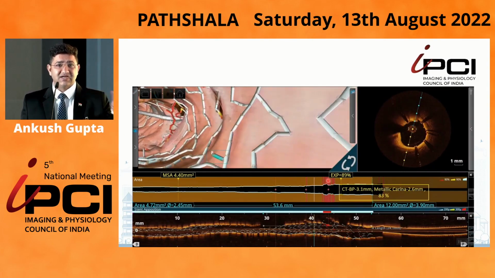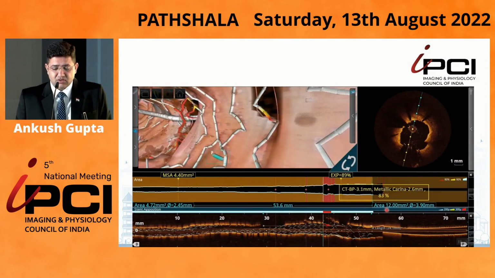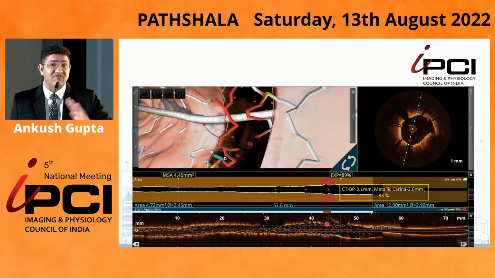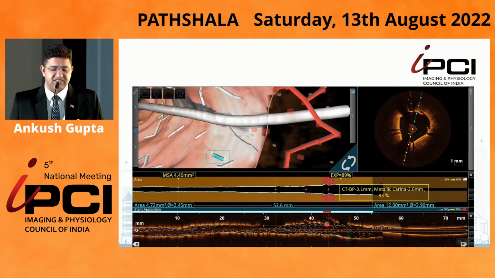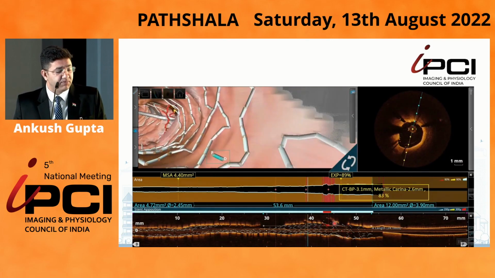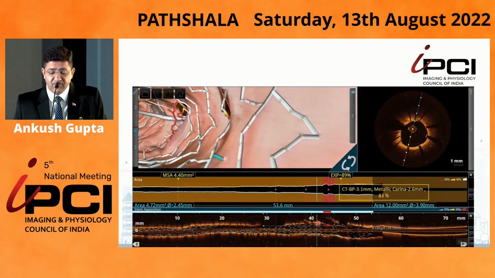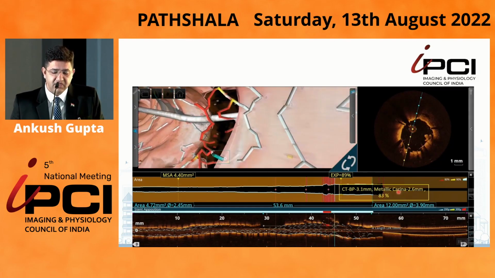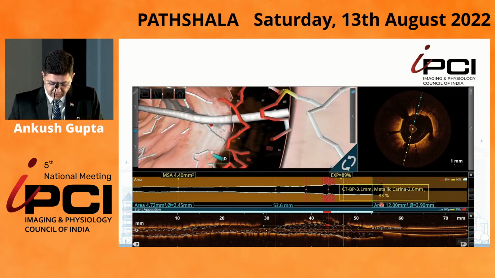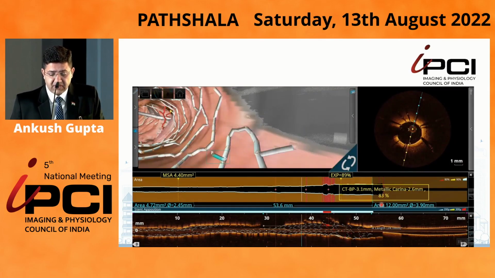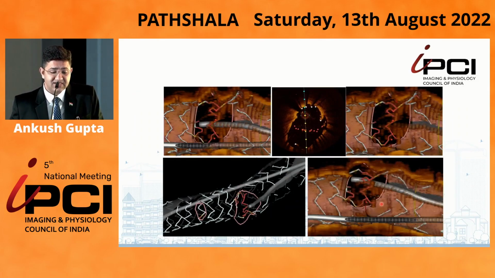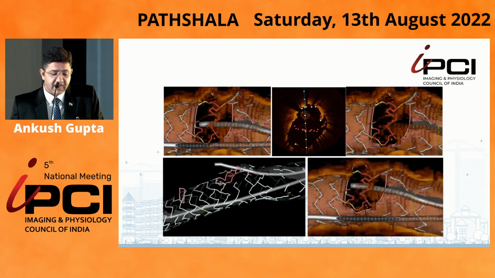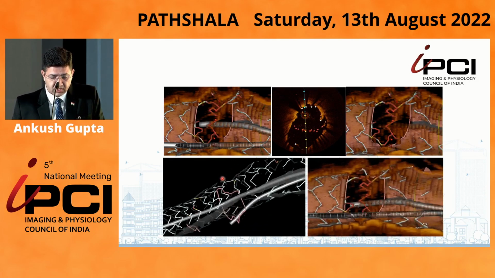When we studied its index OCT, we found that the CTBP length, this is the final run after final kissing balloon inflation, was 3.1, and we left a neo-metallic carina of 2.6. In fact, we created 83% of iatrogenic stenosis, and this can be well appreciated in 3D reconstruction, in cross-sectional view, and even in the stent-only view.